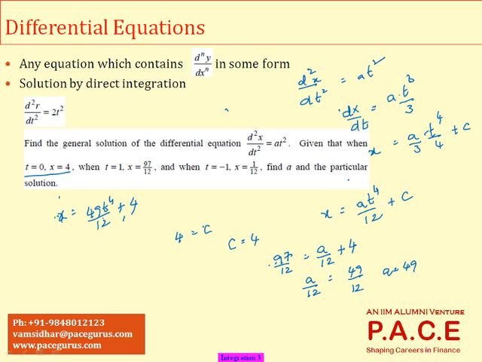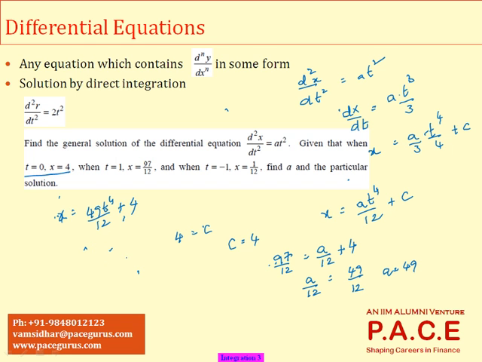Now when t equal to minus 1, you can try it out. Here when t equal to minus 1 also, x is equal to So you can very well solve for the values of a, b, c through the integration itself.